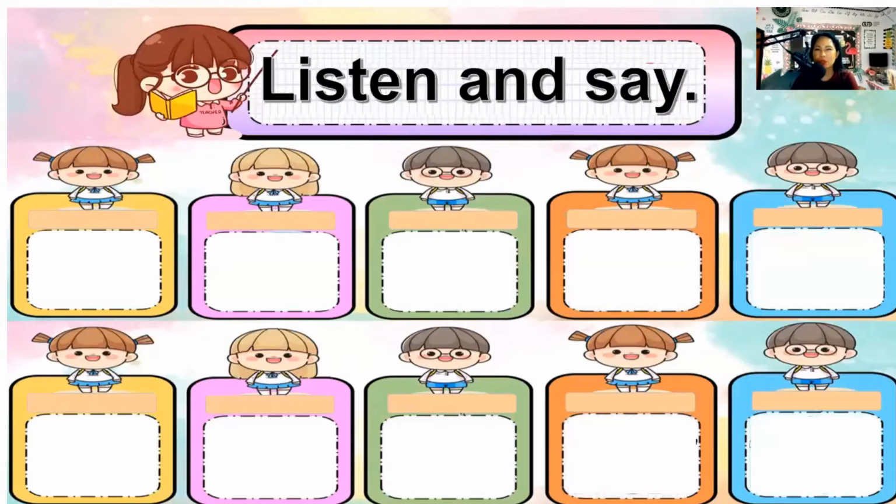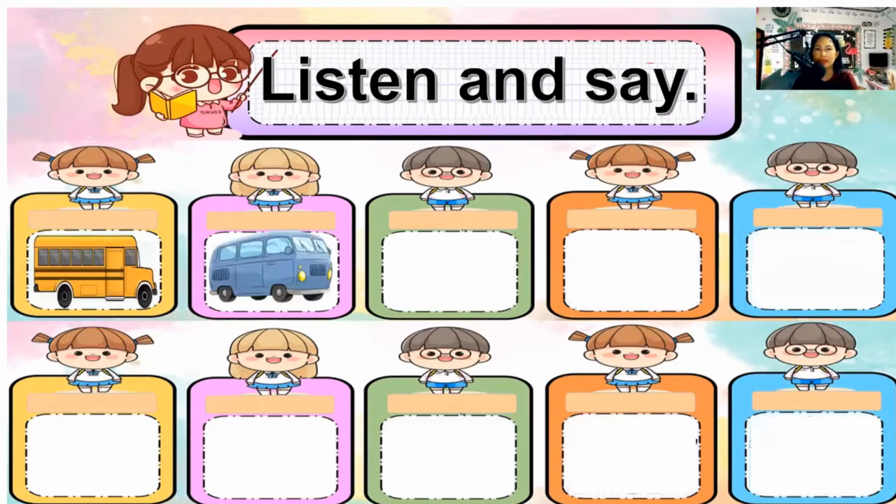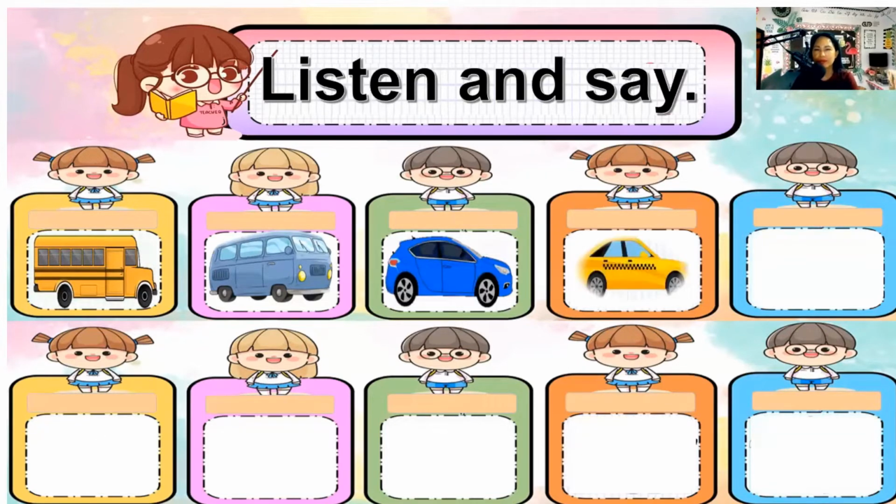So, as usual, we are in the listen and say, the usual part. Okay, so this is the bus, the van, the car, taxi, or in UK, they call this cab.